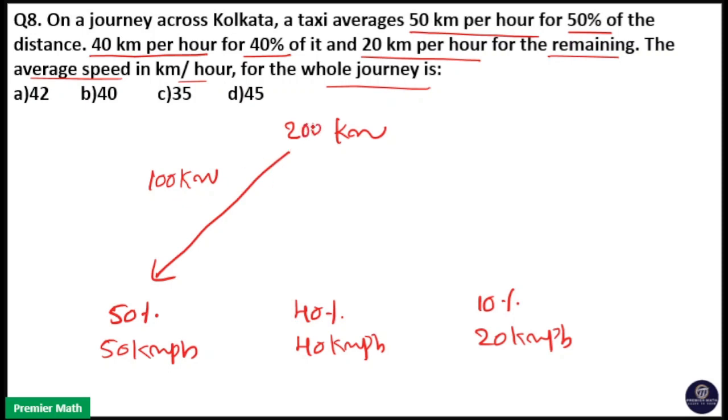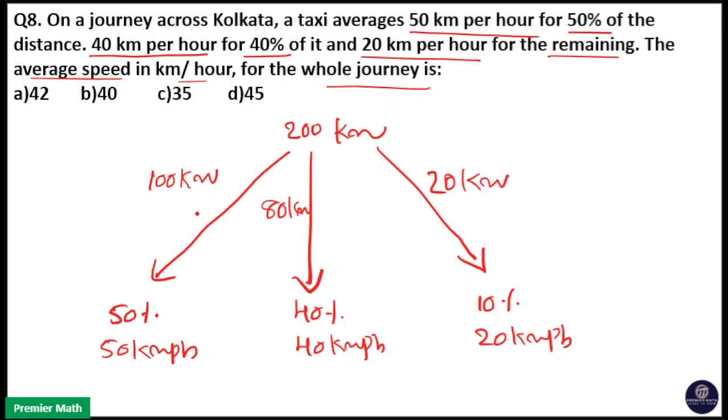Then 40% of 200 km is 80 km, because 1% is 2. Then 10% is 20 km.